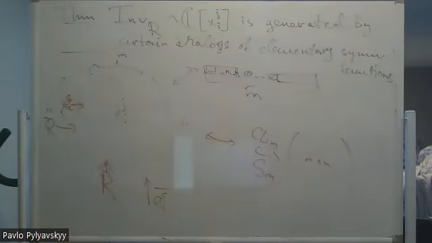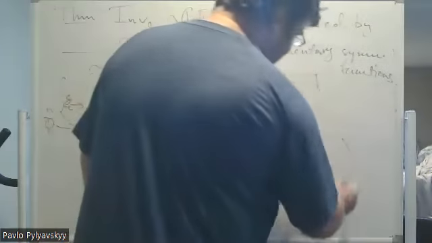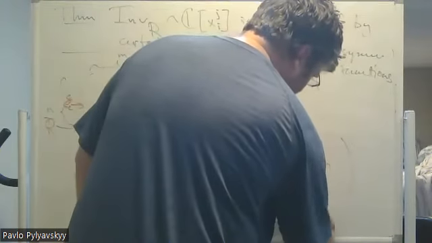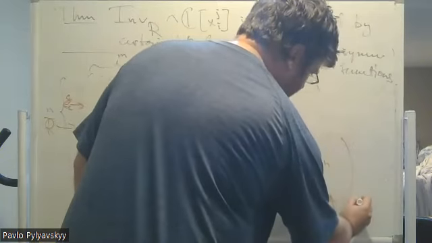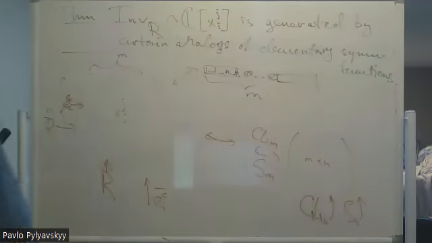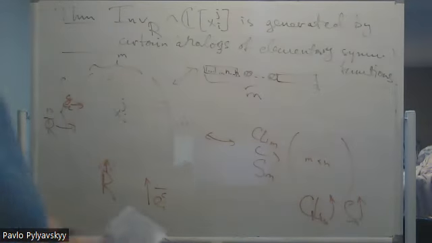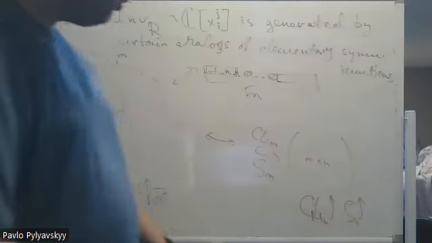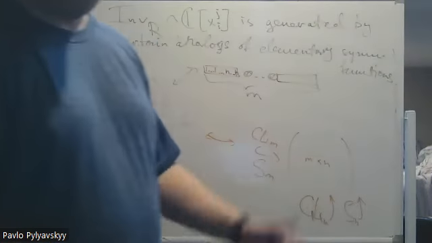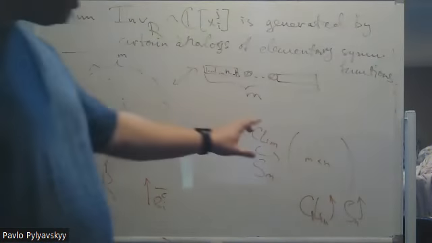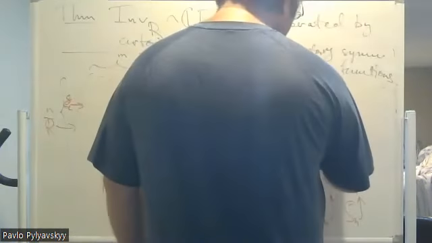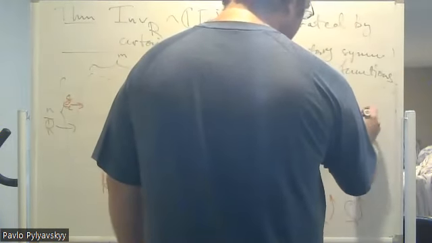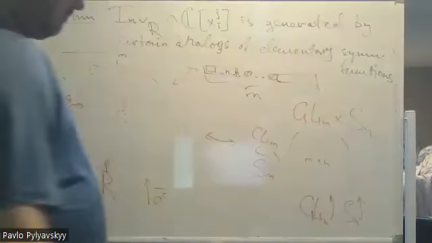And on the right, you can act by GL_N, or just by S_N, which swaps columns. We can choose any one of those four or some combination, and ask, what are the invariants of this thing? For example, you could ask, what are the invariants of GL_M cross S_N acting on this thing?